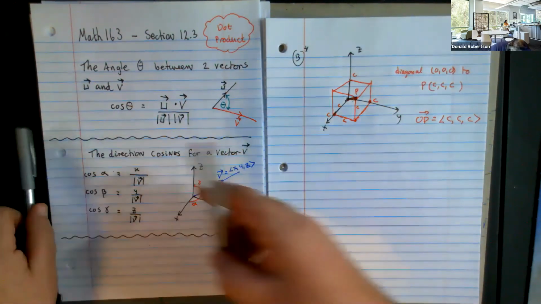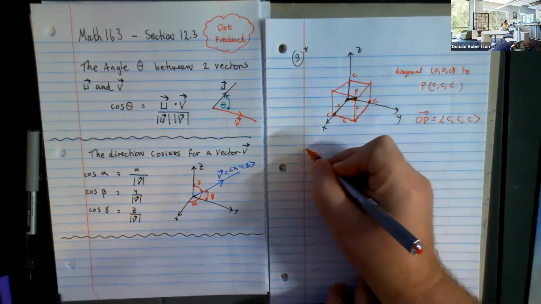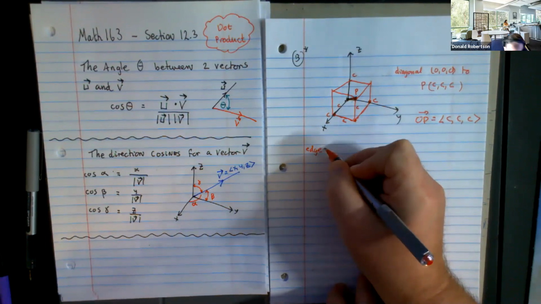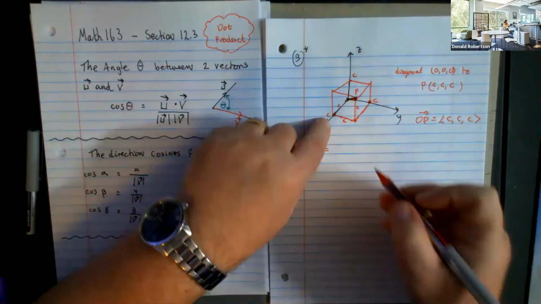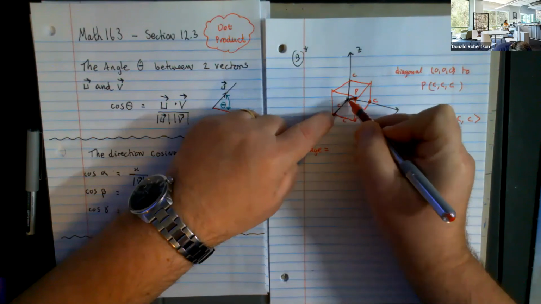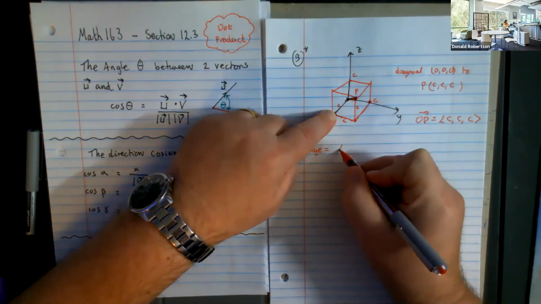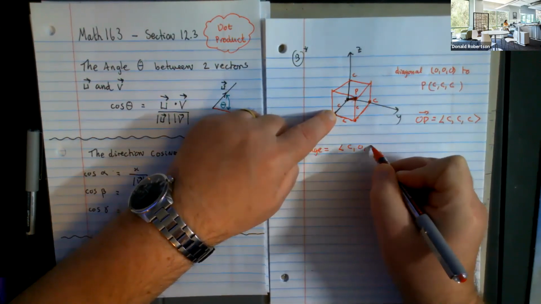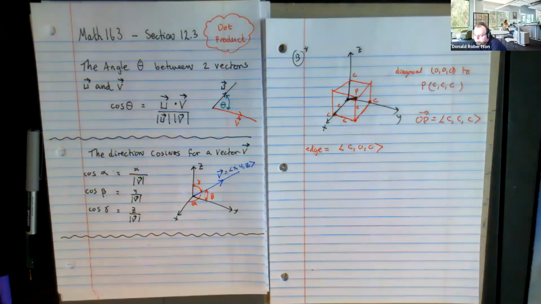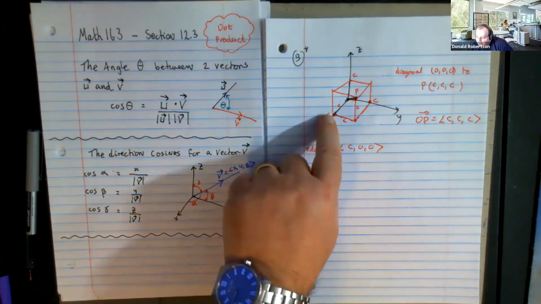Which one do you want me to use for the edge? The X one. Right. Now, if you look at this vector, would you agree that this vector is C, 0, 0? Are you happy about the C on the X, 0 on the Y, 0 on the Z, right? Because you're starting at the origin and you're going to this point here.